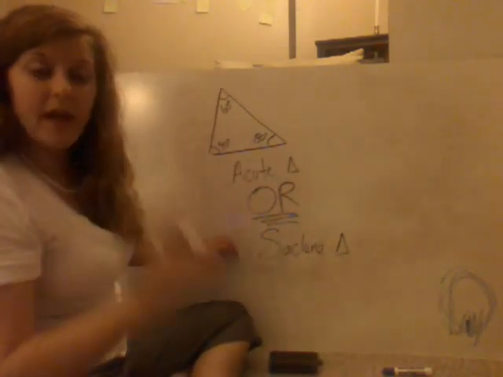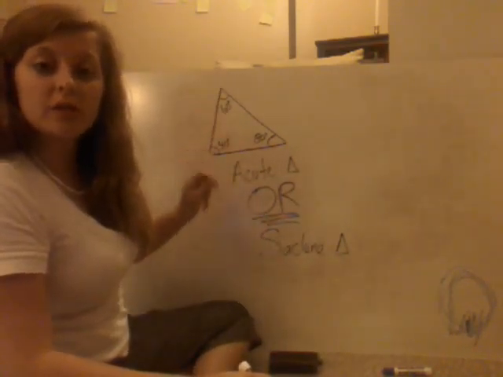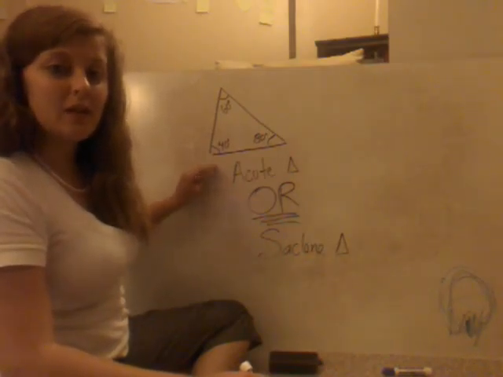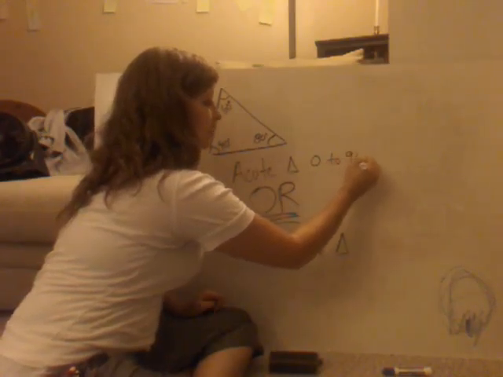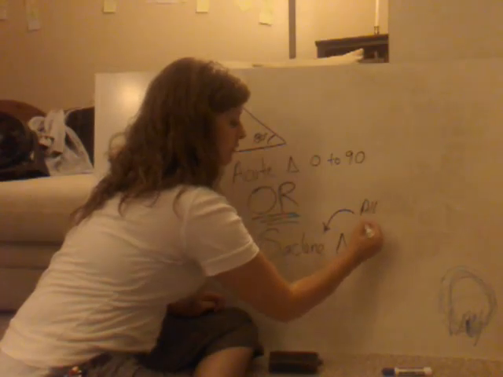Okay? And that meaning that all of the sides or all of the angles are different. If every single one is different, then it's also a scalene. If every single one is less than 90 degrees, then it's an acute. So this is 0 to 90, and this is all different.